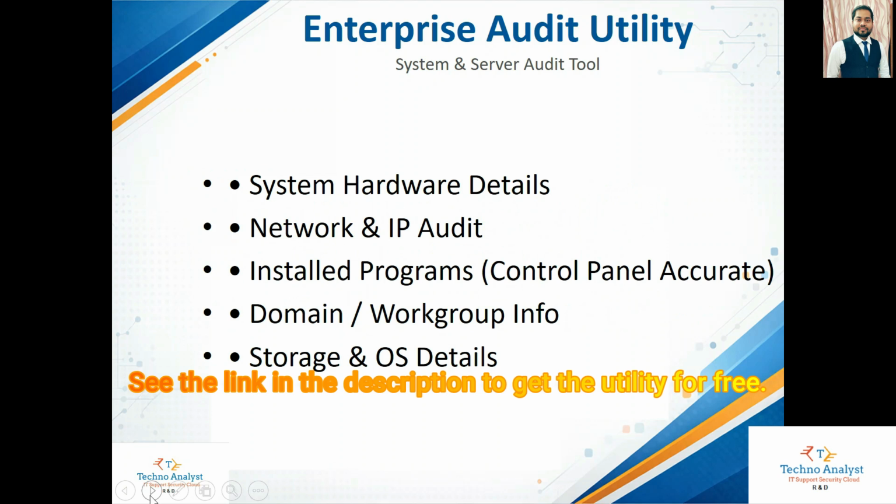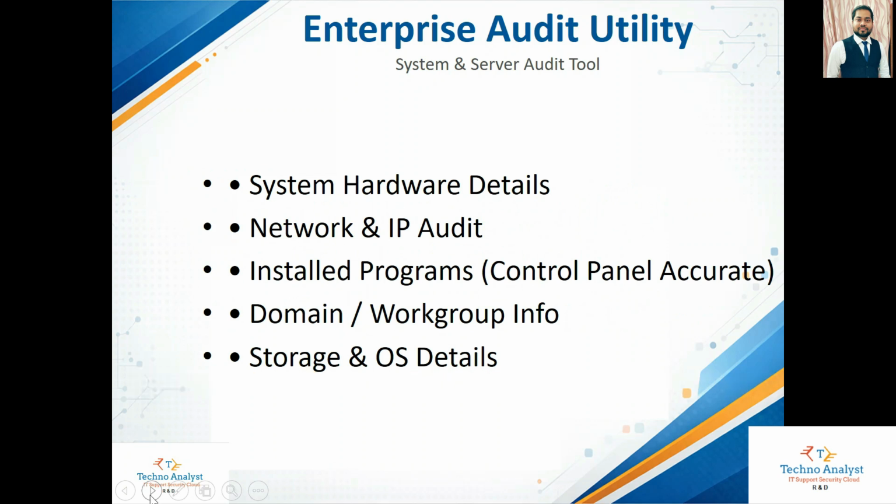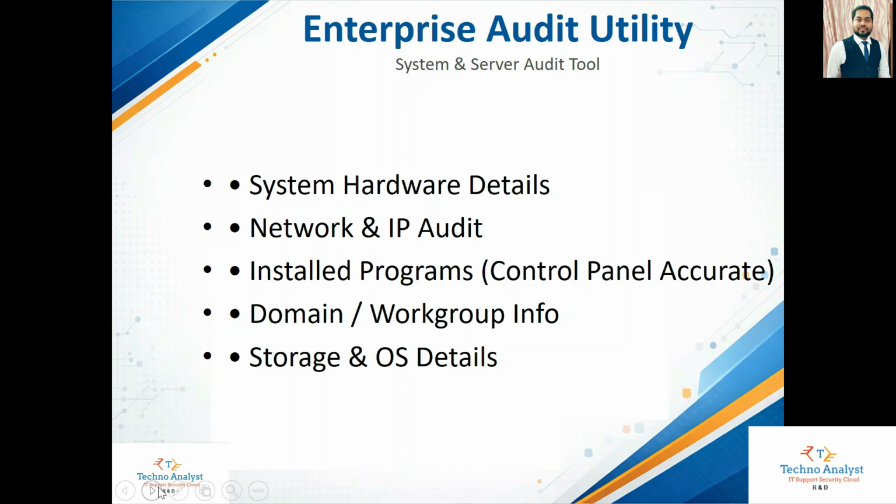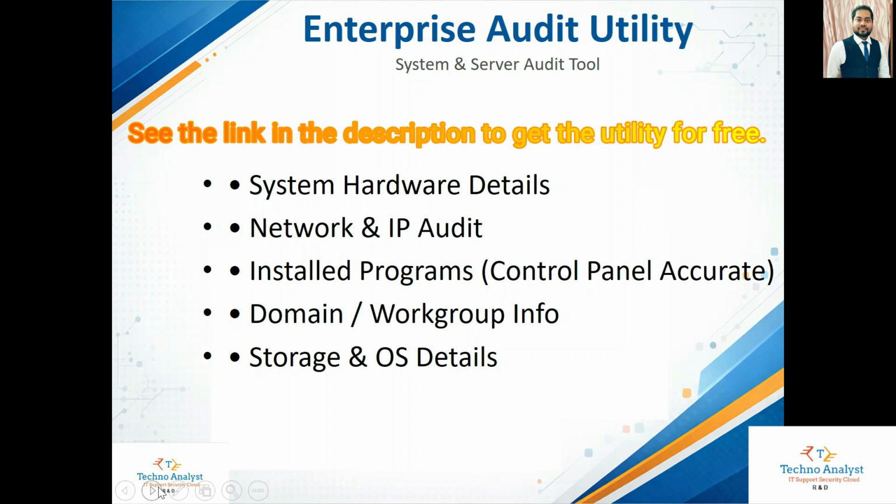It will provide you the standalone system or server details, like system hardware details, network and IP configuration, installed programs as in Control Panel, with their publisher and versions, domain information, storage, whether HDD or SSD, and OS details also.